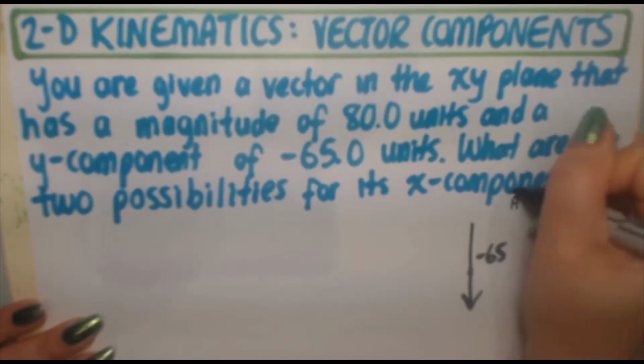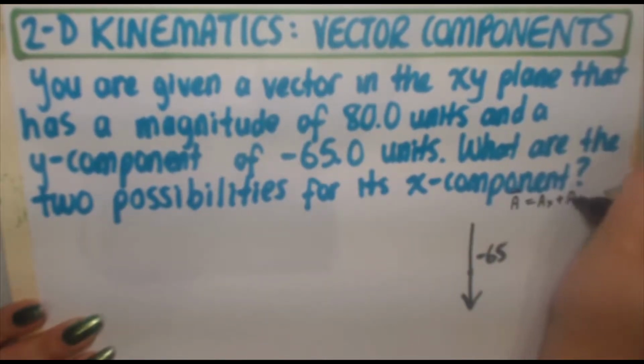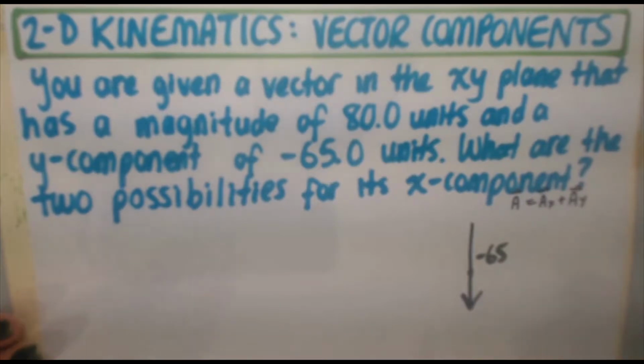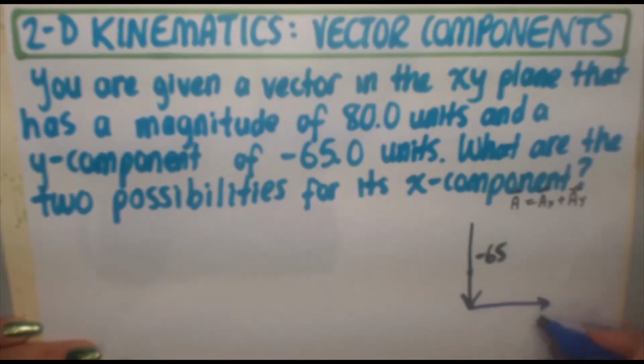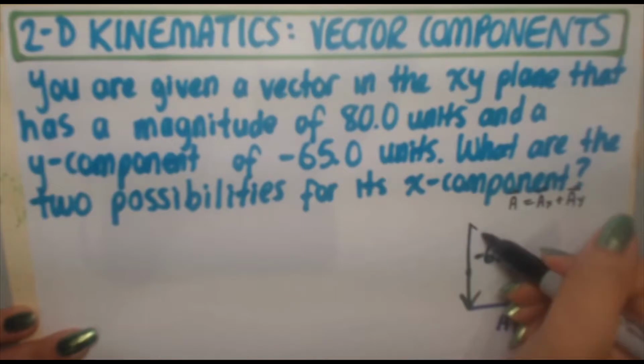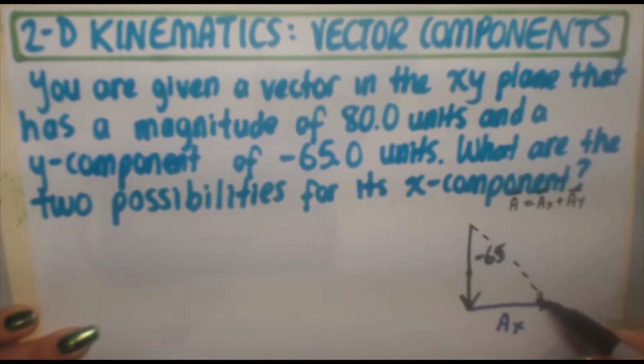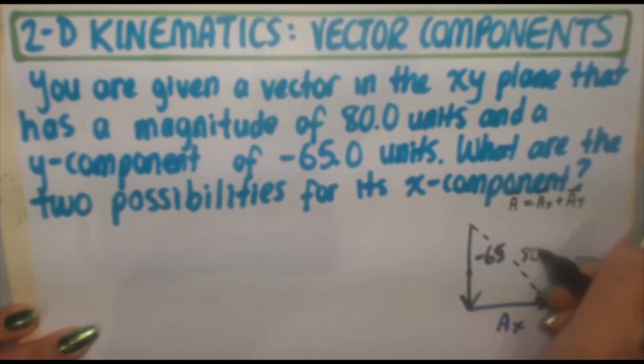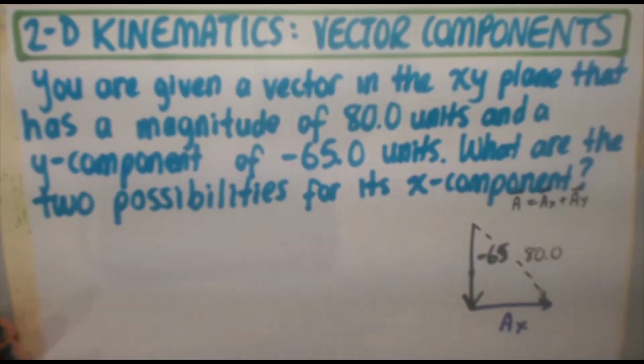A is equal to Ax plus Ay. Those vectors get added tip to tail. So we can have Ax going in this direction, for example. That can be our Ax, resulting in our hypotenuse of 80.0, our A, right?